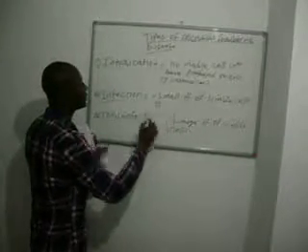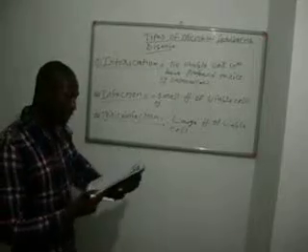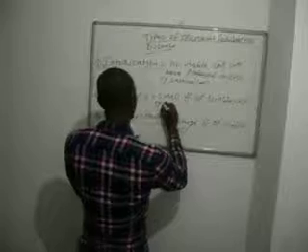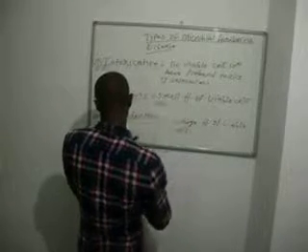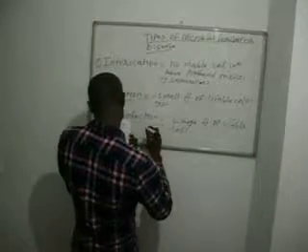Examples of infections that come in the form of this one would be like paratyphoid. Paratyphoid is an example of this.